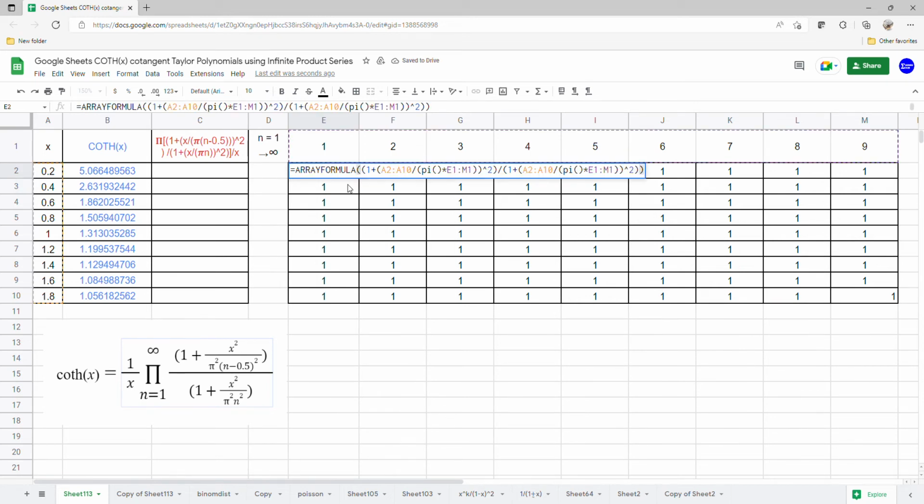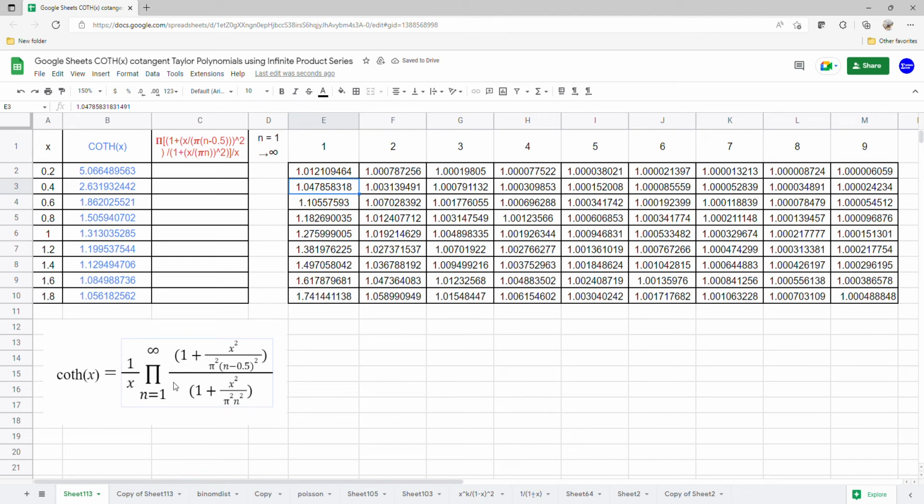Now that we have entered both numerator and denominator, we modify n here. Instead of n, it will be n minus 0.5. And enter.